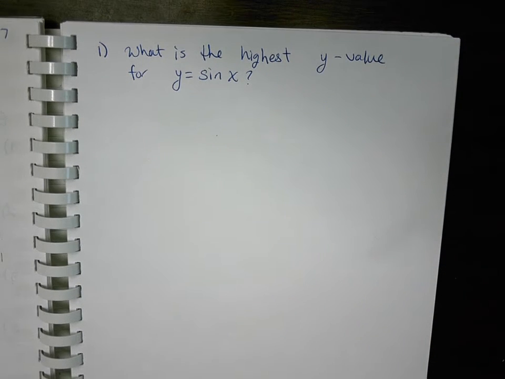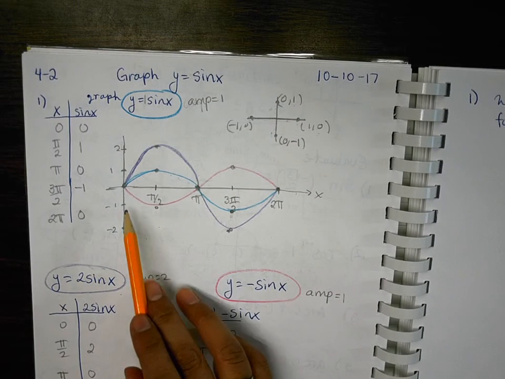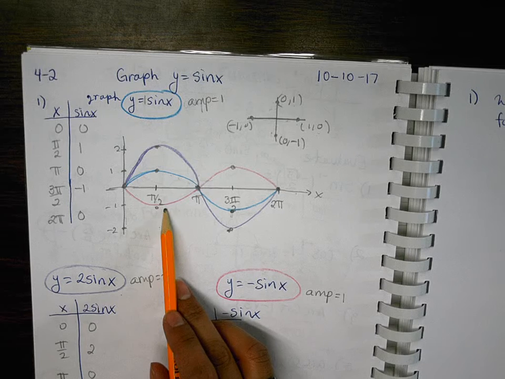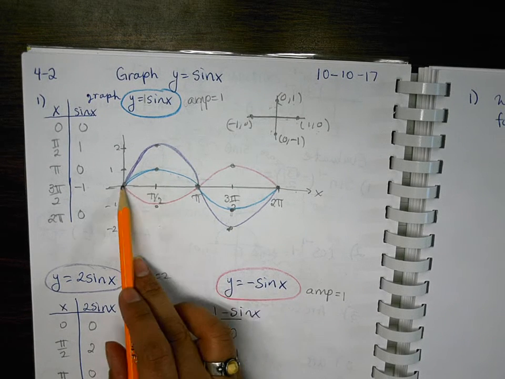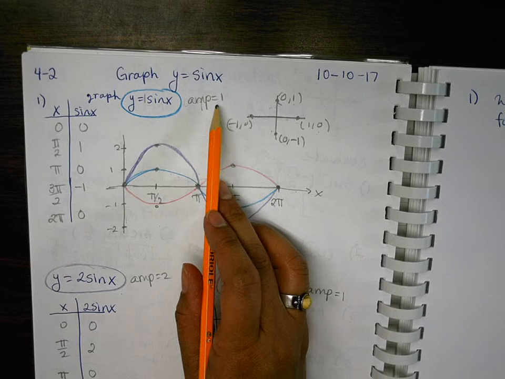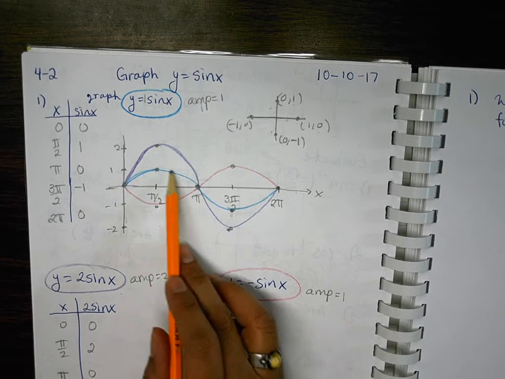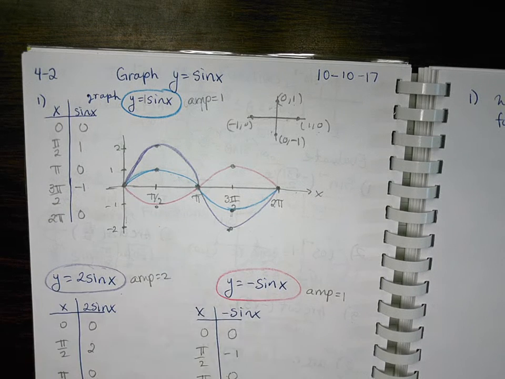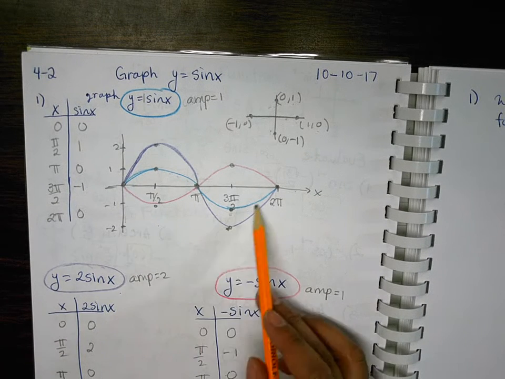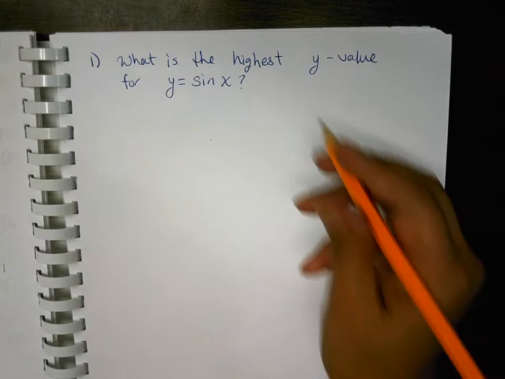Okay, let's go back to our graph. Which one is the original sine? The blue, the purple, or the pink? This blue in here. And what is the highest value? 1. Is it the amplitude? Yes. Is it always going to be 1 in this blue graph? Yes. Is it ever going to go higher than 1? No, it's not. It's going to, what did I say earlier, oscillate between 1 and -1 forever. All right, so what's the highest value? 1.